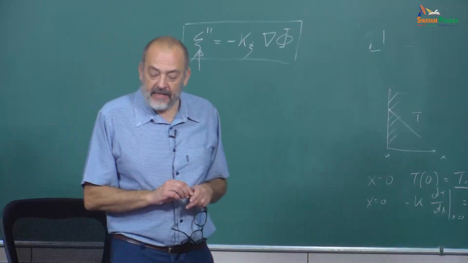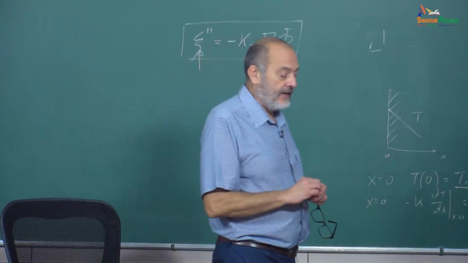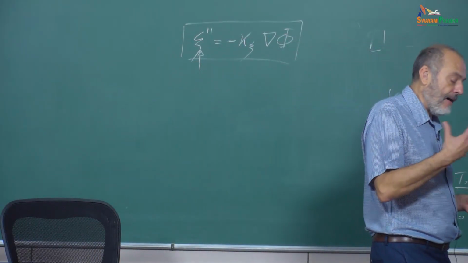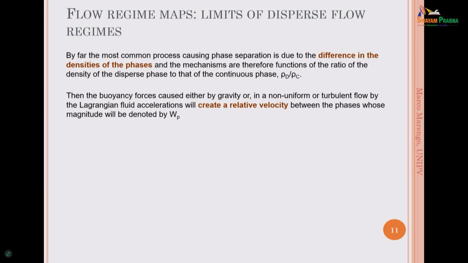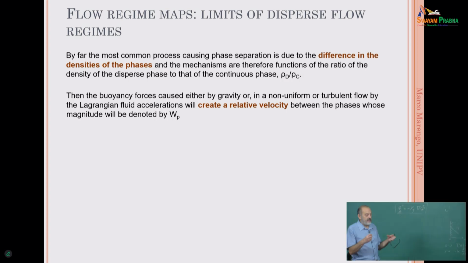And then there is another point. Consider a multiphase flow, imagine to have bubbles inside the continuous liquid, okay? Liquid that is flowing. The presence of the bubbles can expand or they can contract. So you are creating local accelerations.